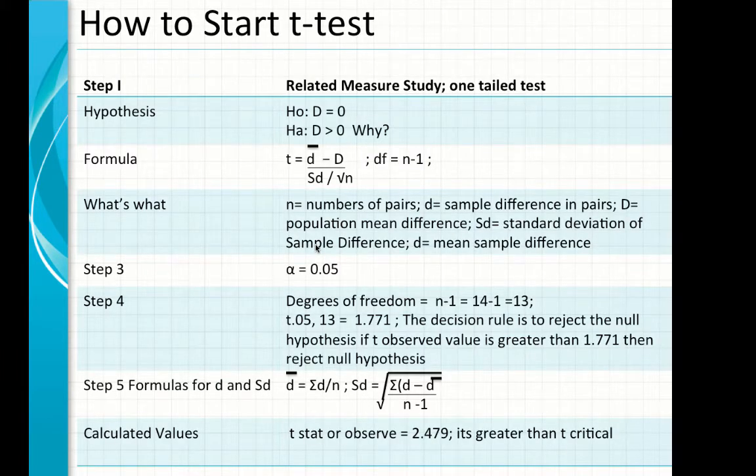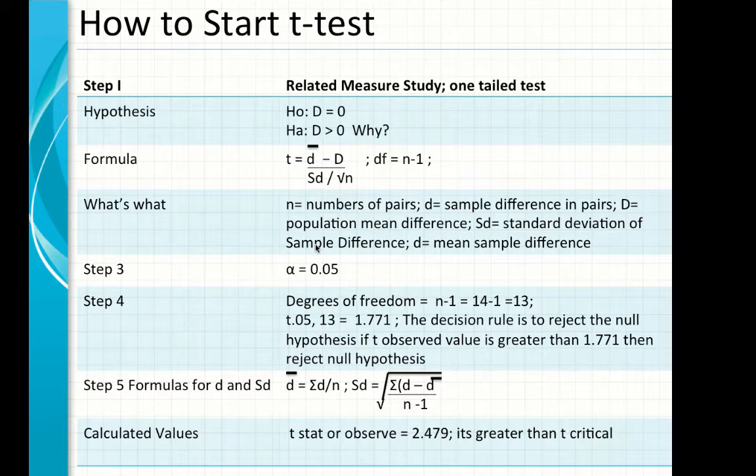We have decided to use the t-test for related measures because the two samples are related. It is a one-tailed test because the same individuals are being used in a before and after study. The desired result is a decrease in performance, so the hypothesis test is one-tailed because we are looking at the decrease in performance.